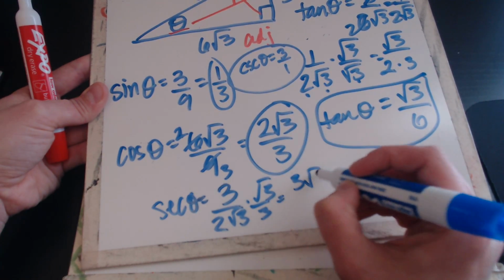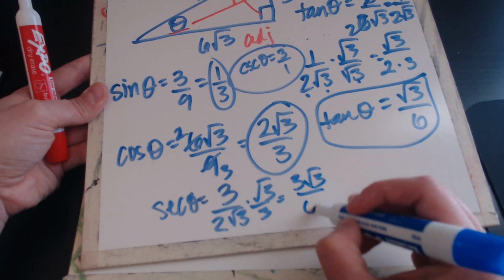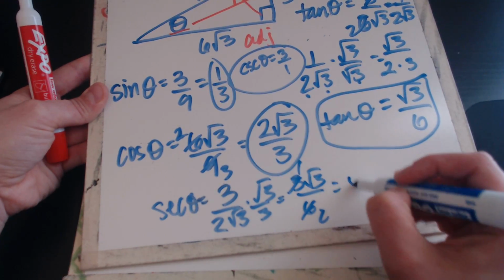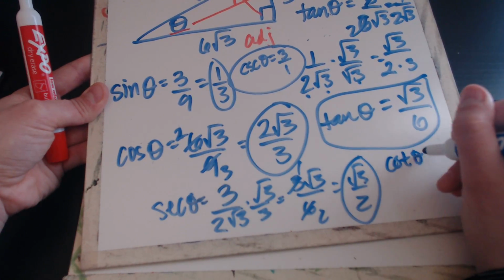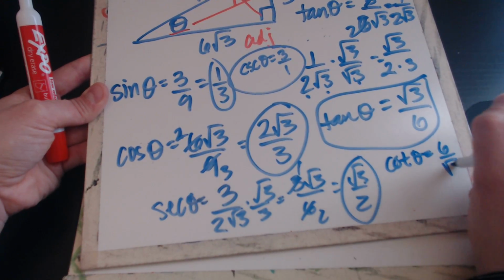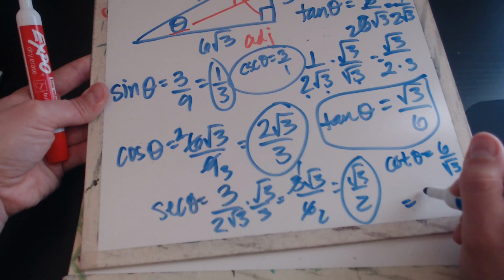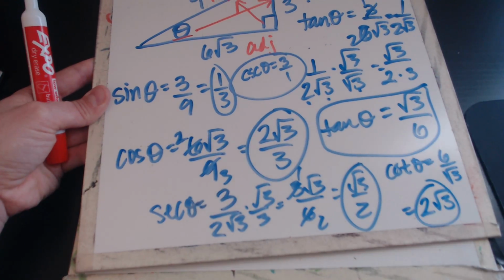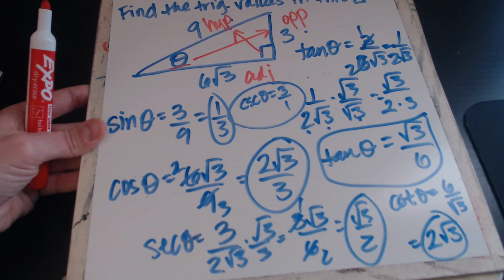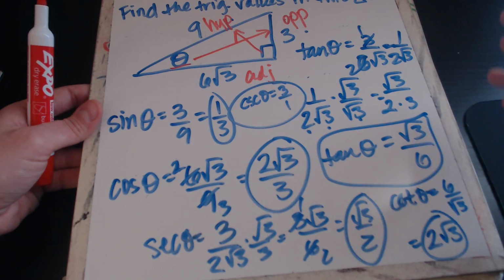So 3√3 over, this is going to give me 6 again. This is going to reduce, so √3 over 2. And then cotangent of theta would be 6 over √3, which is going to equal 6√3 over 3, which would be 2√3.